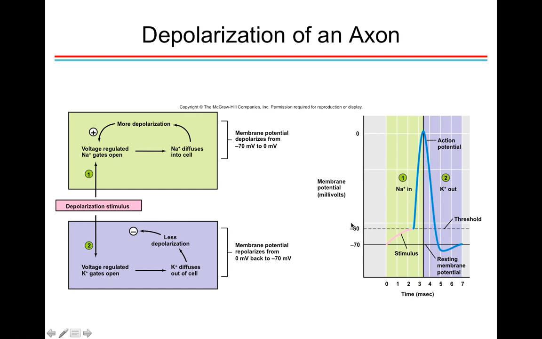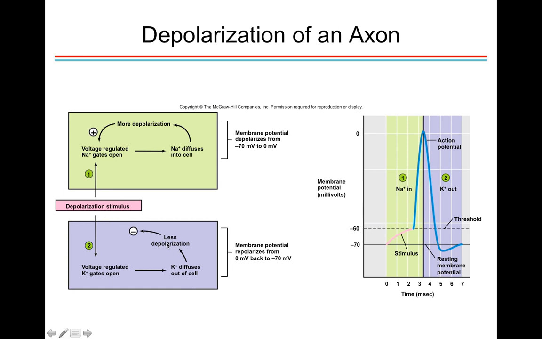So once the membrane potential starts increasing, the sodium ion channels are going to close, and then the potassium ion channels are going to open. Once we get the proper membrane potential to trigger these voltage-regulated potassium channels, they will open. The potassium is going to leave the cell, and then there'll be less depolarization.